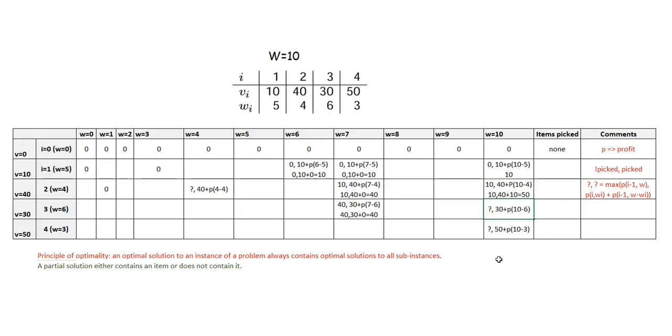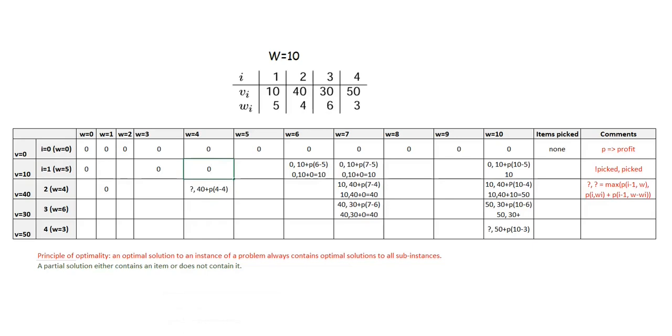Now we resolve this one. Of course, we got 50 above. So it is going to be 50, 30 plus P4. So P4 is, oh, we haven't resolved this one. So let's quickly resolve this one first. Here we have solution from the previous one. Previous one is this particular cell where we have weight of 5 but limit is 4.